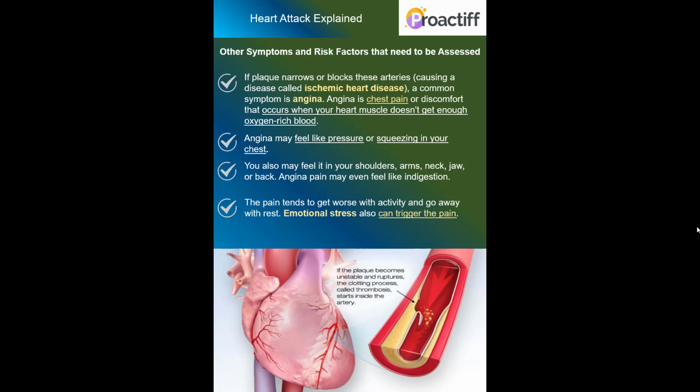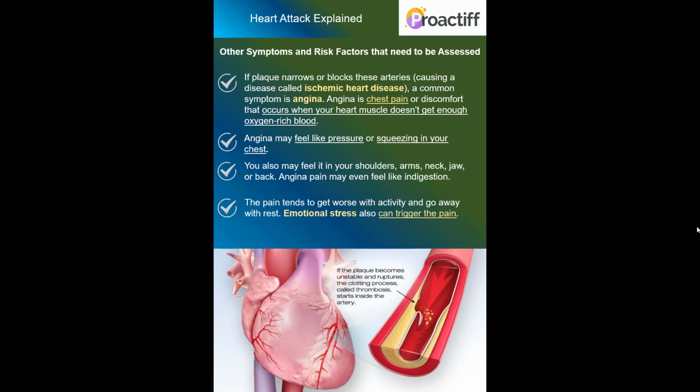When angina occurs, an individual may feel pressure and a very squeezing sort of feeling in the chest. This is due to the shortage of oxygen-rich blood getting to those parts of the arteries.